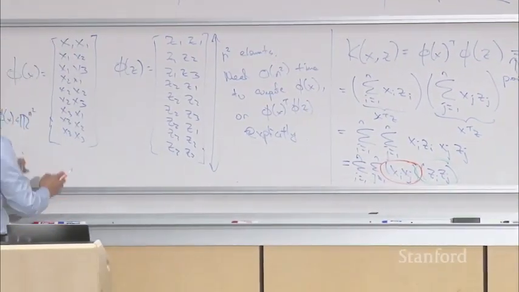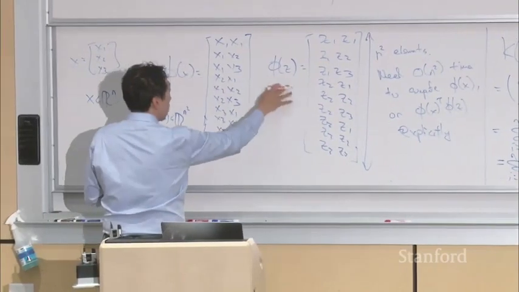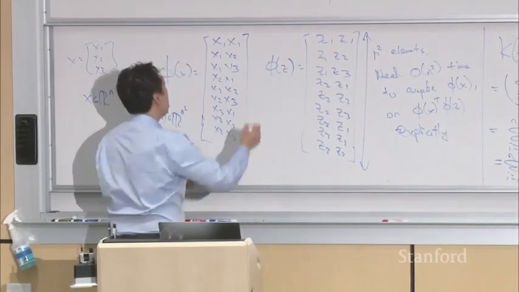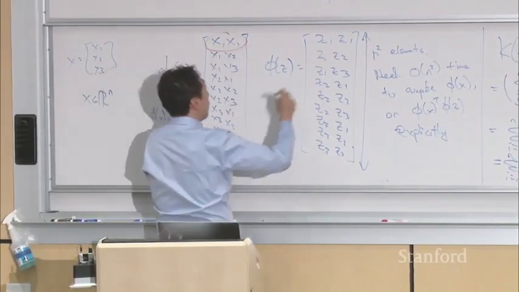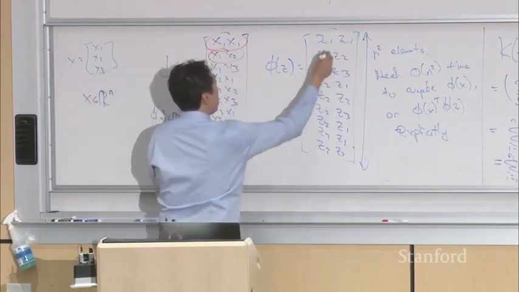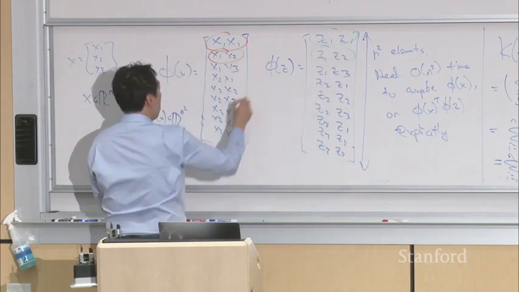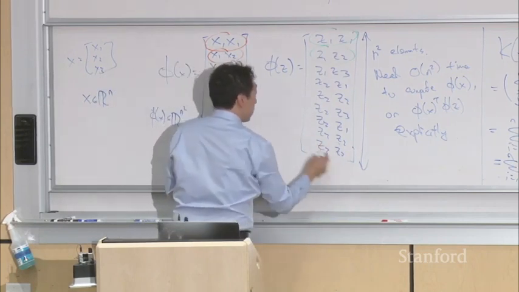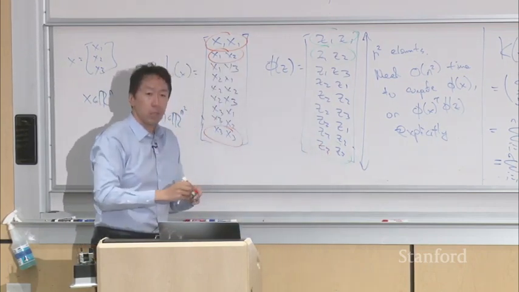But of course, if you were to compute phi of x transpose phi of z, what you do is you take this and multiply it with that, and then add it to the sum, then take this and multiply it with that and add it to the sum, and so on until you end up taking this and multiplying that and adding it to your sum, right?